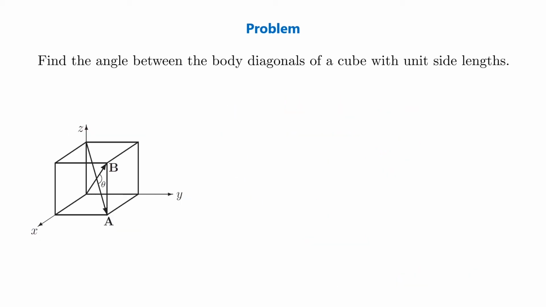The next problem is to find the angle between the body diagonals of a cube with unit side lengths. Like in the previous case, we have placed the coordinate system at one of the corners of the cube, and we have considered two diagonals represented by vector B starting from the origin and ending at this point, and we are also considering another body diagonal starting from here and ending at here.